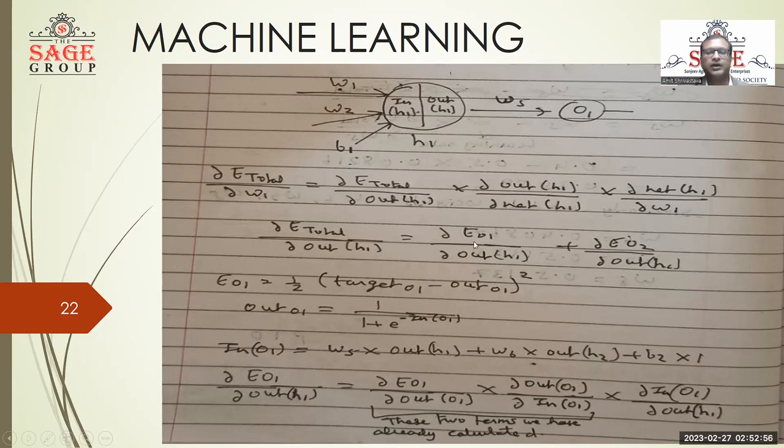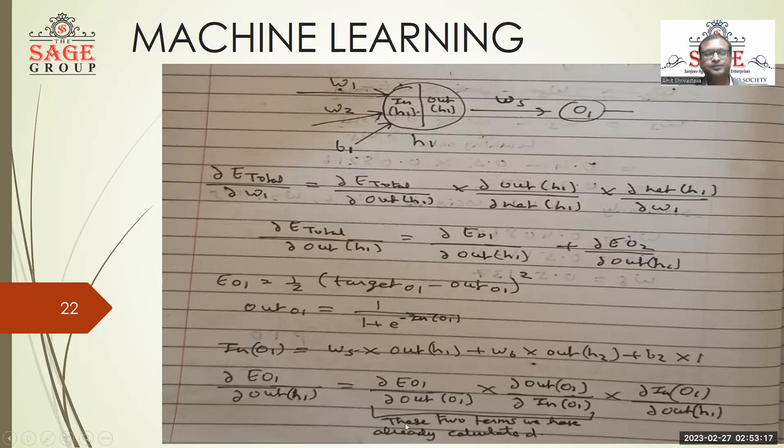Now, let us calculate this term del E O1 upon del out H1. So del E O1 upon del out H1 is del E O1 upon del out O1 into del out O1 upon del in O1 and del in O1 upon del out H1. Now these terms are related to each other.